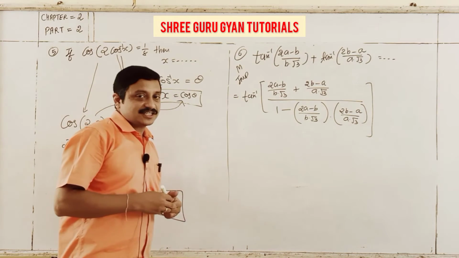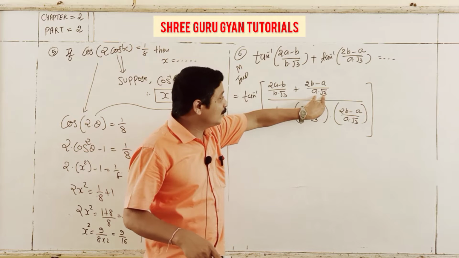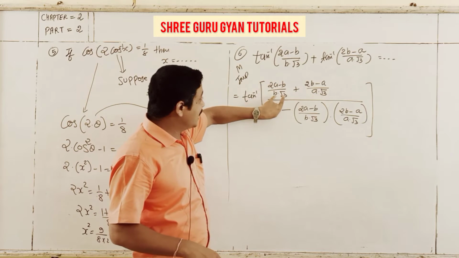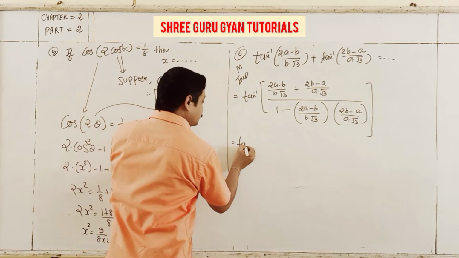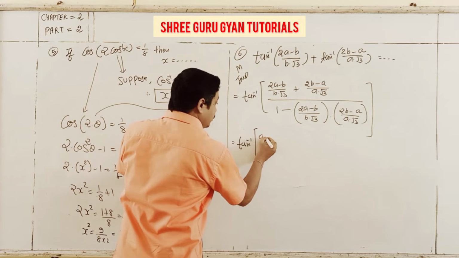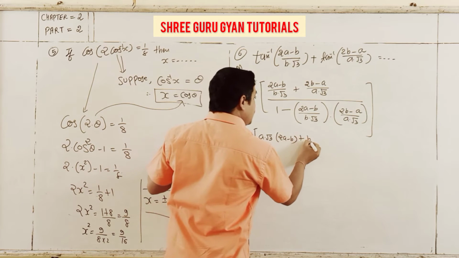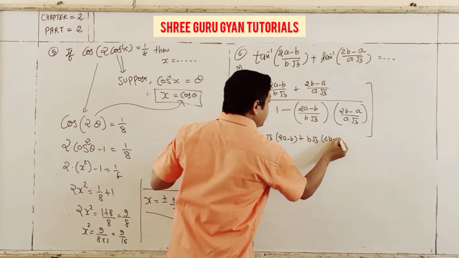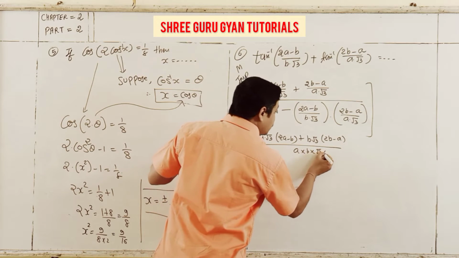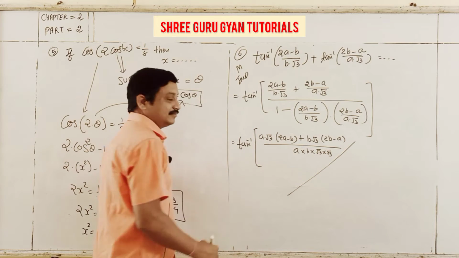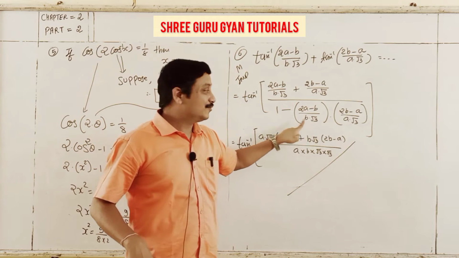Now just take out the LCM. See, be careful: take a root 3 multiplied with this and b root 3 multiplied with that. So tan inverse of a root 3 with (2a minus b), the same b root 3 with (2b minus a), and upon the LCM, which is a into b into root 3 into root 3. Same for the denominator: this and this product with 1.